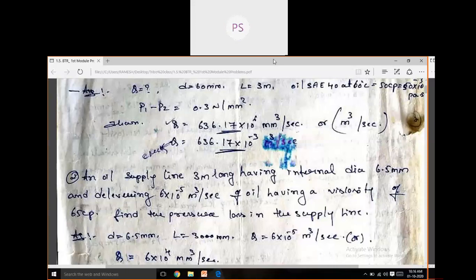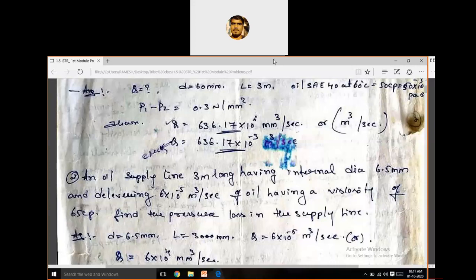An oil supply line 3 meter long, having internal diameter 6.5 mm and delivering, that is, flow rate Q of 6 into 10 raised to minus 5 meter cube per second of oil having a viscosity of 65 centipoise.